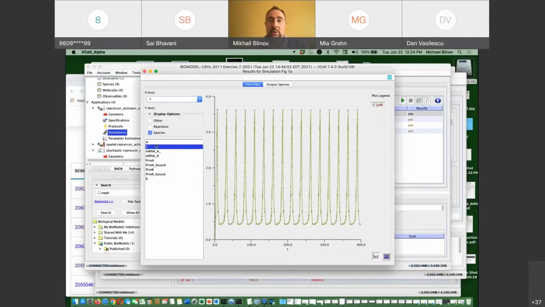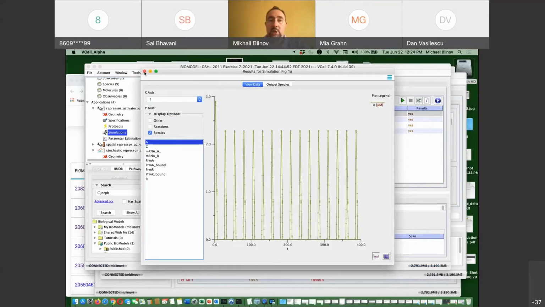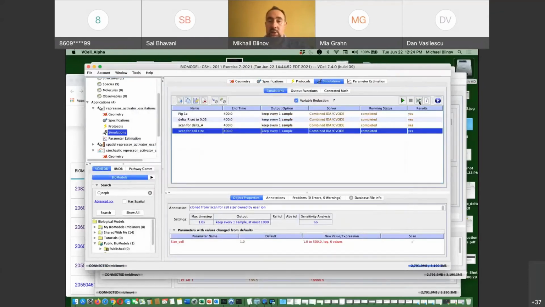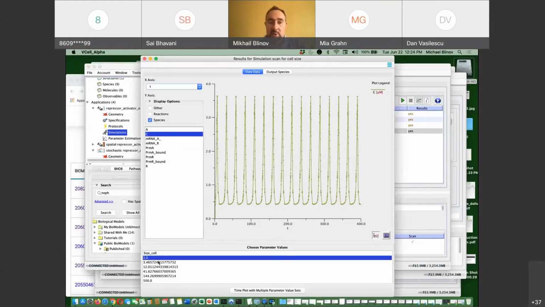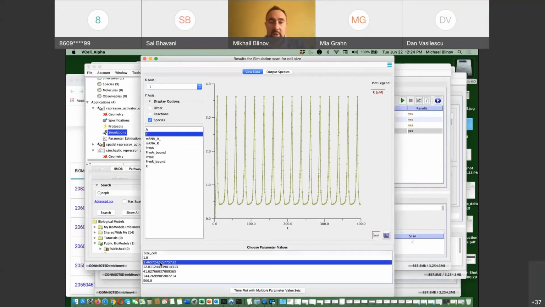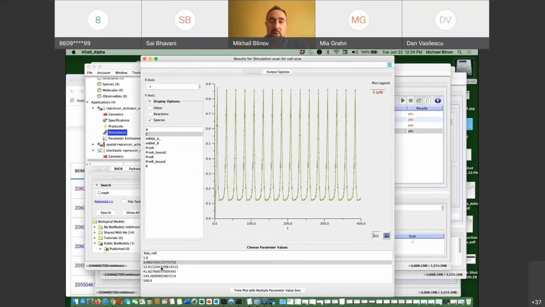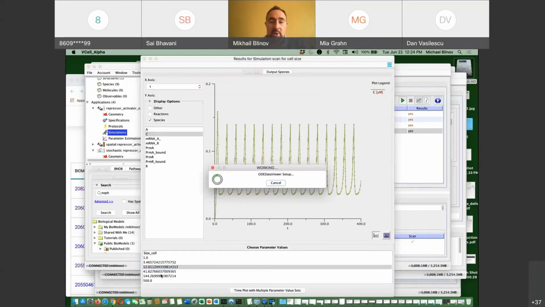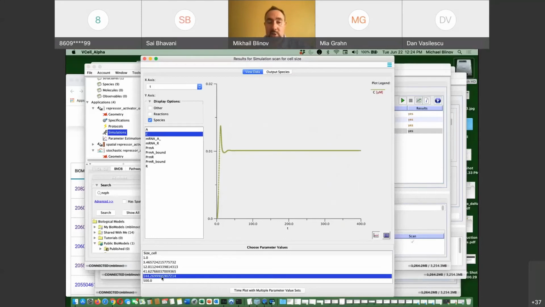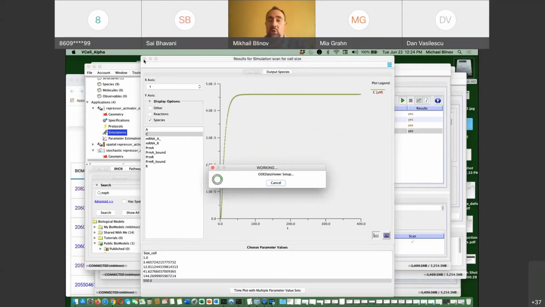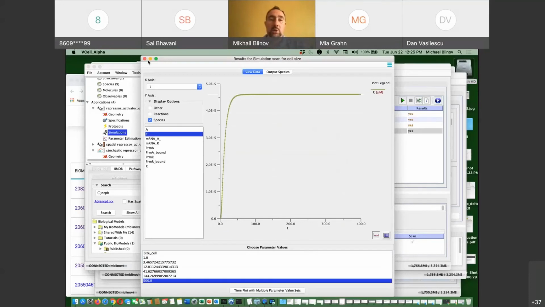It has nice oscillation, and then you can do a scan over different values. In this case, we vary the size of the cell, keeping the same number of molecules, and we can see that it oscillates. It continues oscillating, this is deterministic, and then it stops oscillating. So at some point, you don't have enough molecules for oscillation.